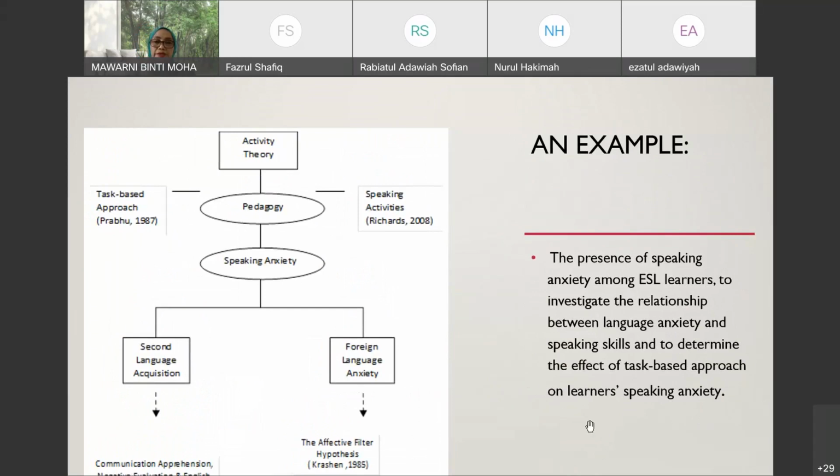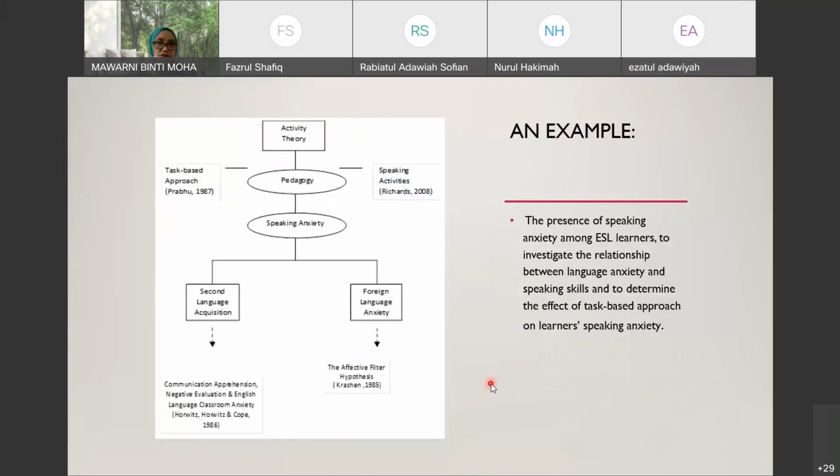What are the theories that you use here? TESOL students, anyone? Any TESOL students here? Come again? What are the theories here that you put in this framework? Fazrul?